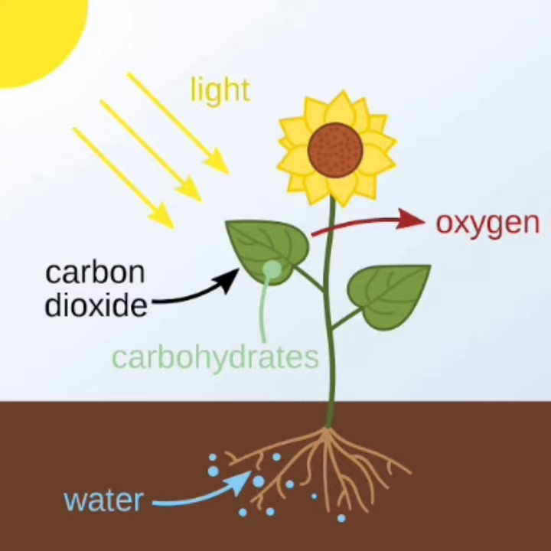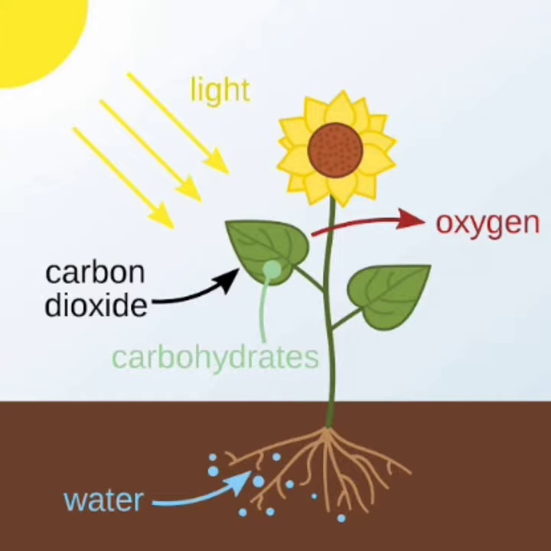During the process of photosynthesis, food is prepared in the form of sugar. Oxygen is given out by the leaves through the stomata. The process of photosynthesis can be summarized as water plus carbon dioxide, in the presence of chlorophyll and sunlight, gives sugar plus oxygen.